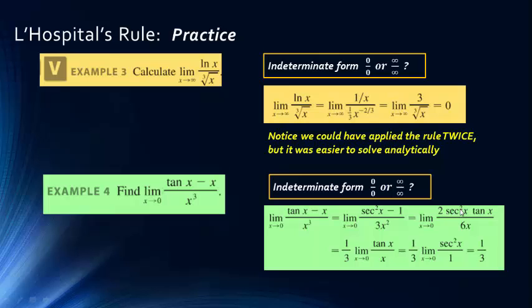It should be 2 times secant x times the derivative of secant x, which is secant tangent, my bad. So 2 secant times secant tangent would give us secant squared. So that exponent of 2 is exactly right. All divided by the derivative of 3x squared, which is 6x.